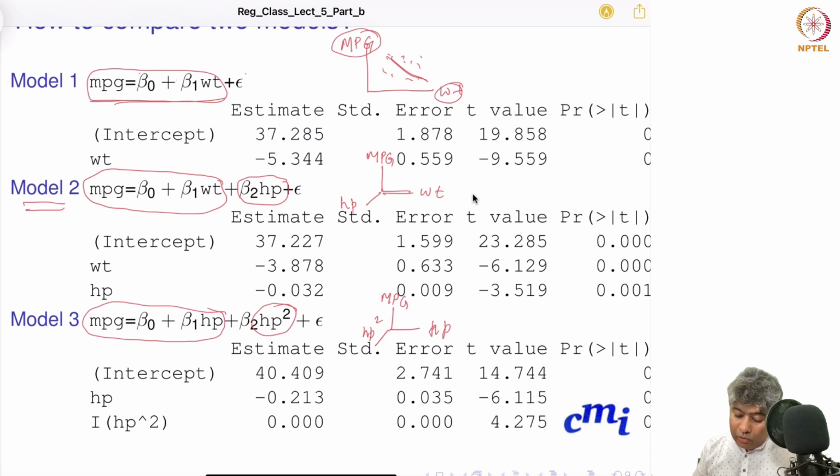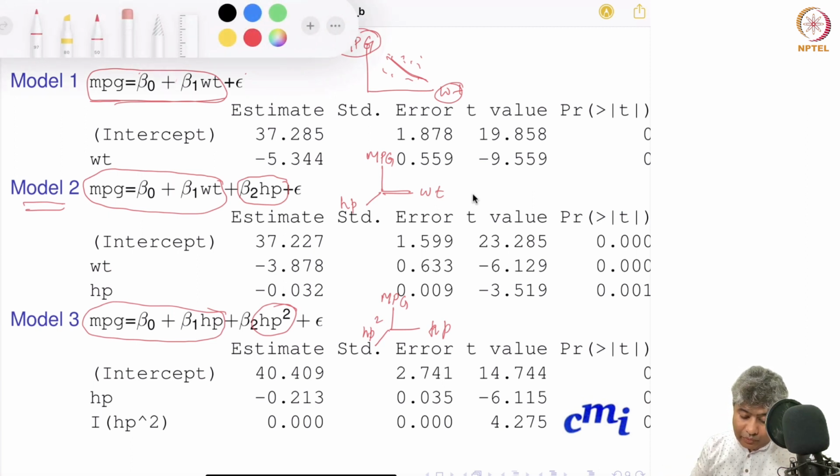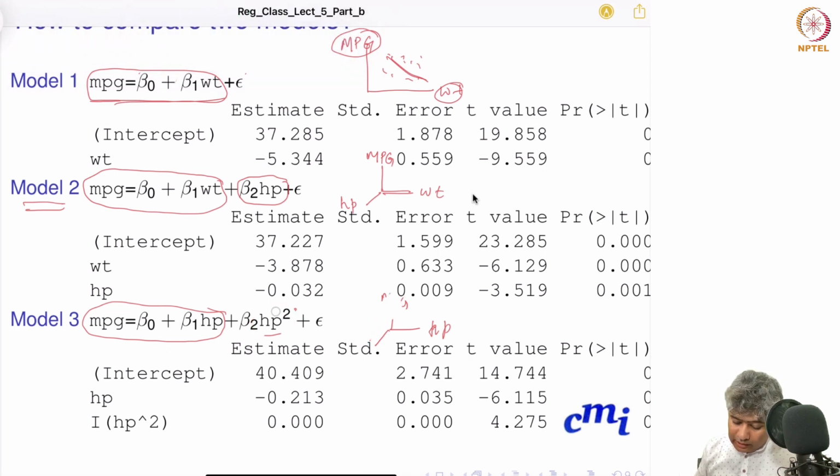Now what we are seeing is interesting stuff. Let me just clean it up a little bit.